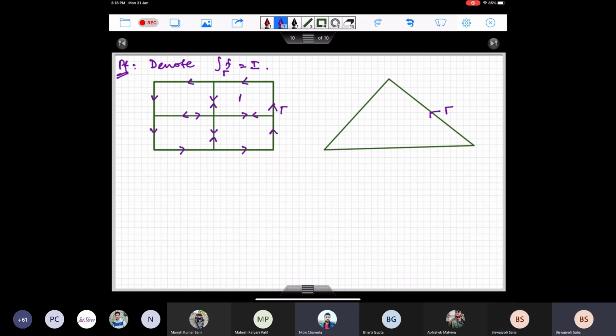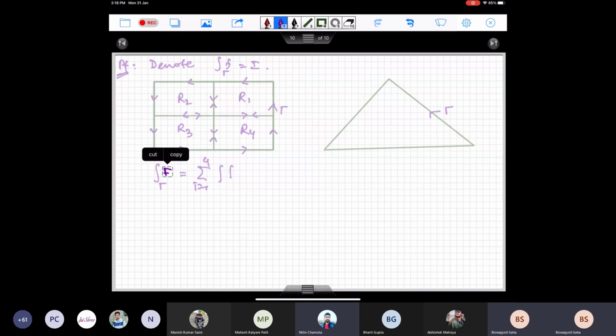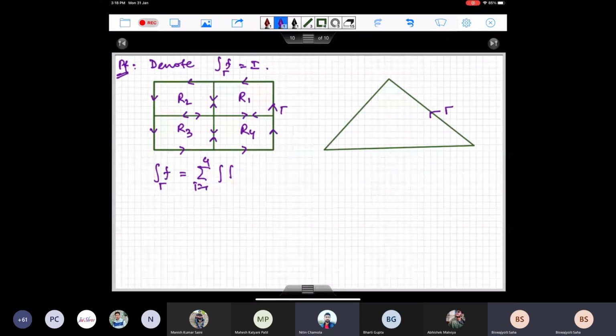So effectively, let us say these are R1, R2, R3, R4. Then I am saying that the integral of f over gamma is equal to the sum for i from 1 to 4 of the integral of f over gamma i, where gamma i is the boundary of Ri.